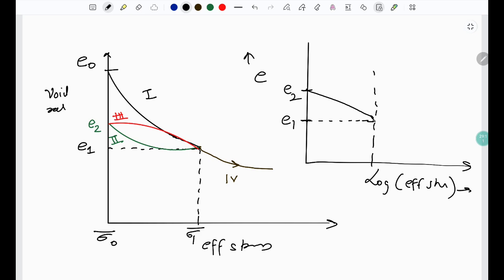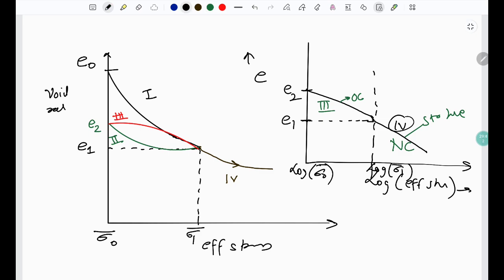We are basically trying to recreate the third curve. This is our third curve, which was for the OC stage, and this was the fourth stage: this was log sigma 0, and once we exceed log sigma 1 bar, we get the NC stage, again a straight line, and this is the fourth stage, the NC soil.